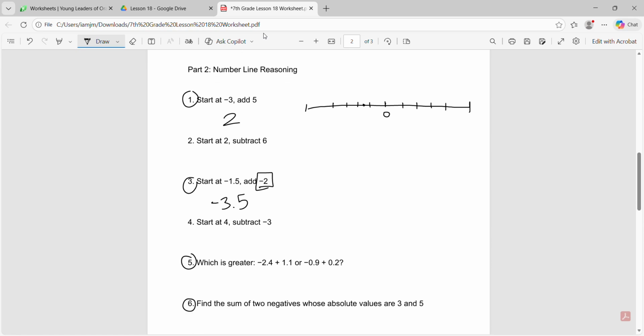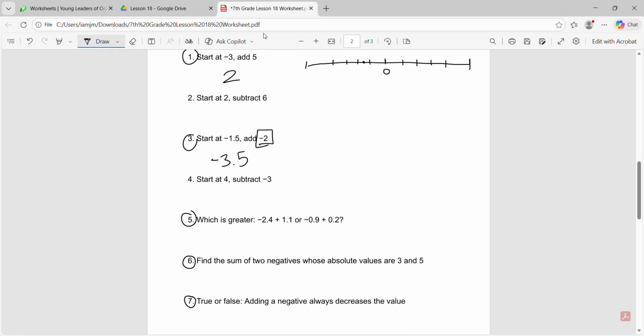So you can use the number line at times. If you want, it can make the problem visually easier to understand. Number 5: which is greater, -2.4 plus 1.1 or -0.9 plus 0.2?